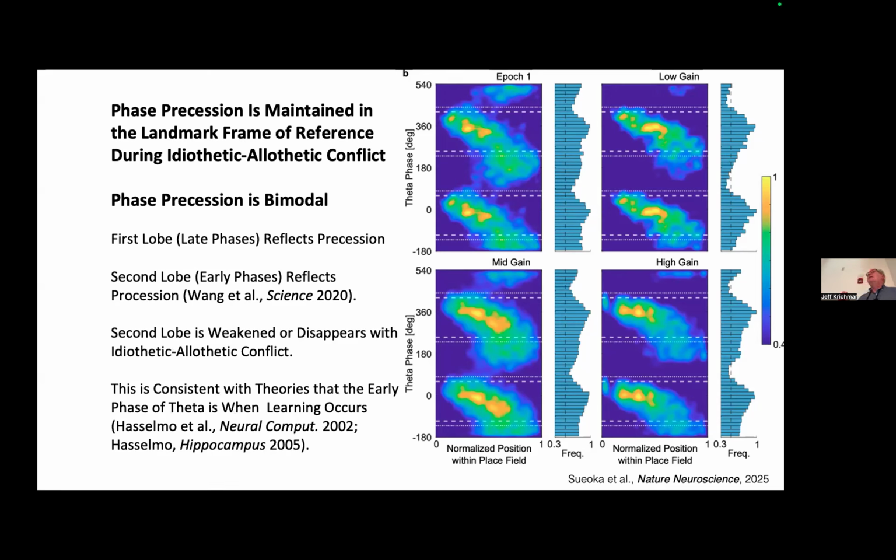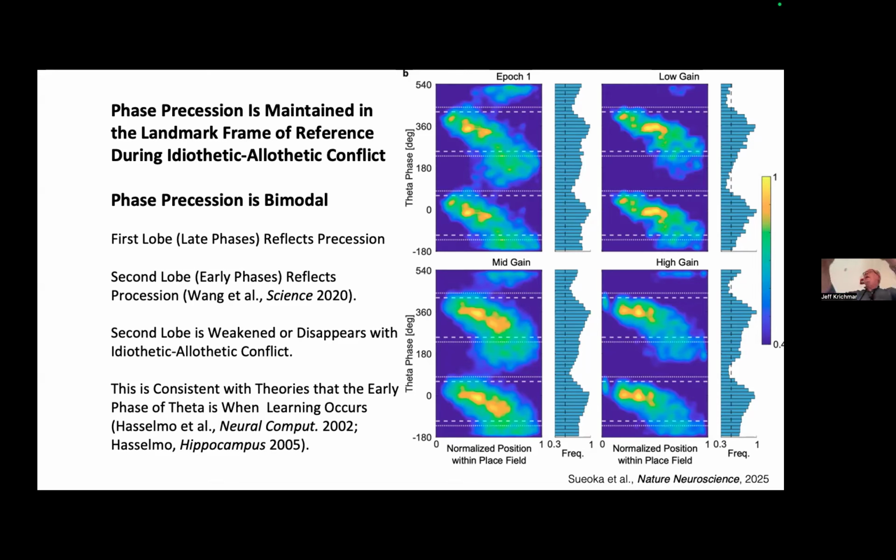This is consistent with a number of models of theta phase precession, work by Mike Hasselmo and others, suggesting that this early phase of theta is actually when new learning takes place. And we think that's what's going on in our experiments. As the animal runs around and there's this mismatch between its self-movement and the landmarks, it has to continually learn these associations between, okay, now when I move this fast, I move this far.